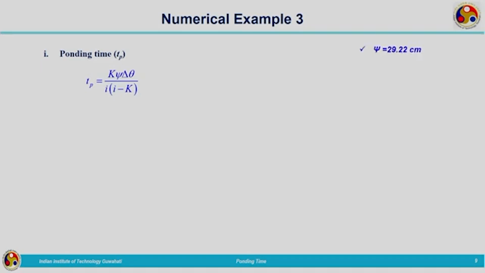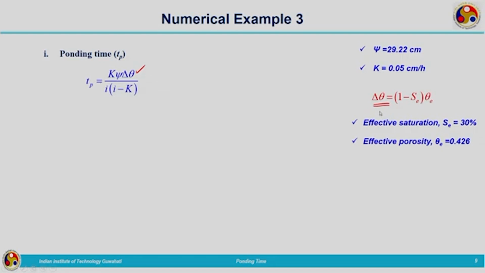The values are given to us: psi is equal to 29.22 centimeters, hydraulic conductivity k is equal to 0.05 centimeters per hour. Now we have delta theta. As we have done in the previous examples, we need to calculate the value of delta theta.